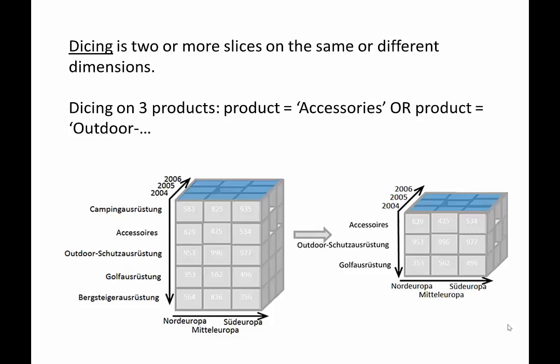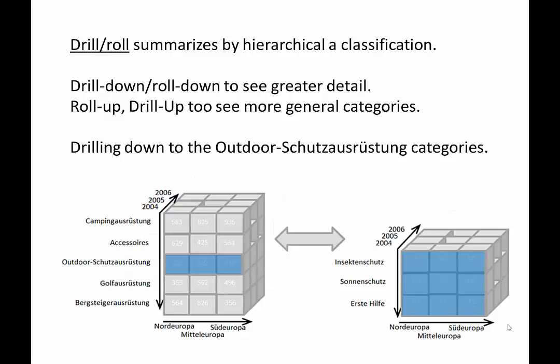It's a very simple operation to extract subsets out of this data. Dicing is just doing the same thing on 2 or more dimensions. So here we're removing some of the subcategories, we diced the cube. It's basically 2 slices in the same dimension in this case, so we can analyze a reduced set of data. We can roll or drill up and down these conceptual hierarchies.